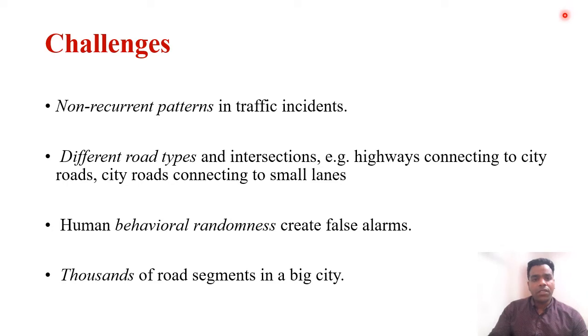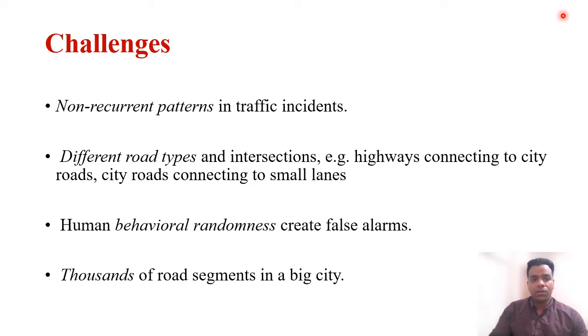Now let's talk about the challenges we have. First, we want to set up an incident detection criteria that can help us detect traffic incidents. But due to the inherent non-recurrency and unpredictability of the smart transportation system, it is very difficult to set the detection criteria.